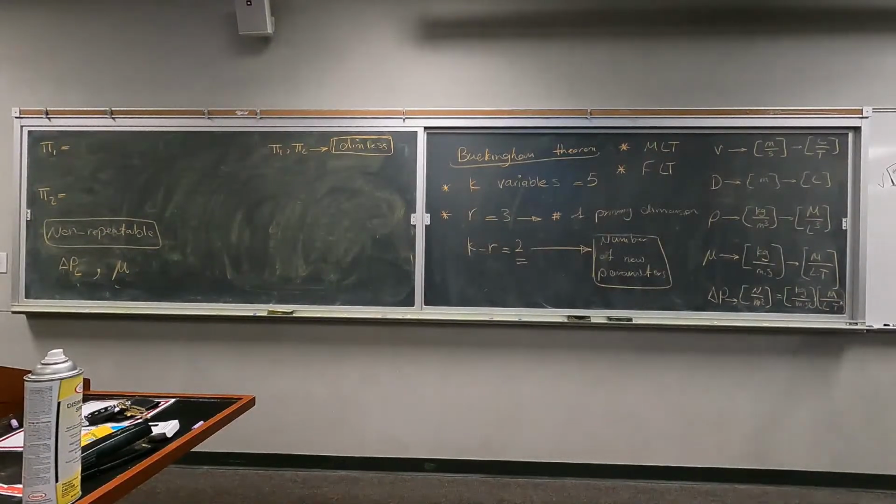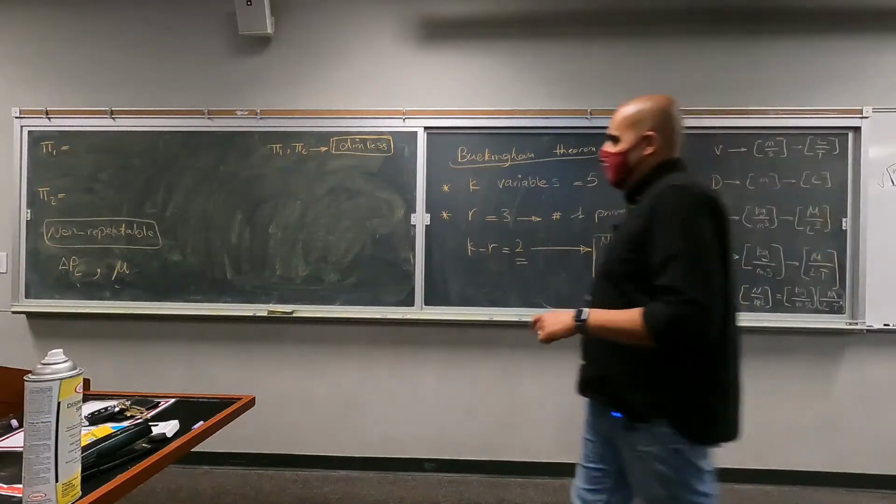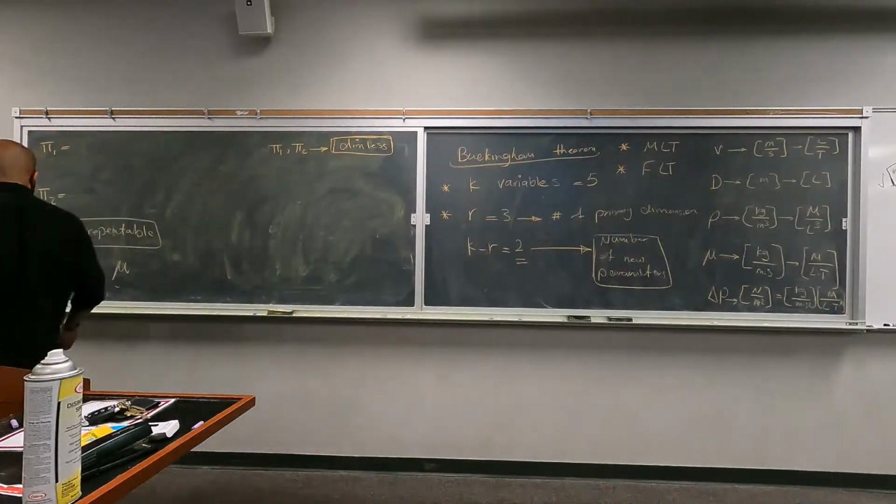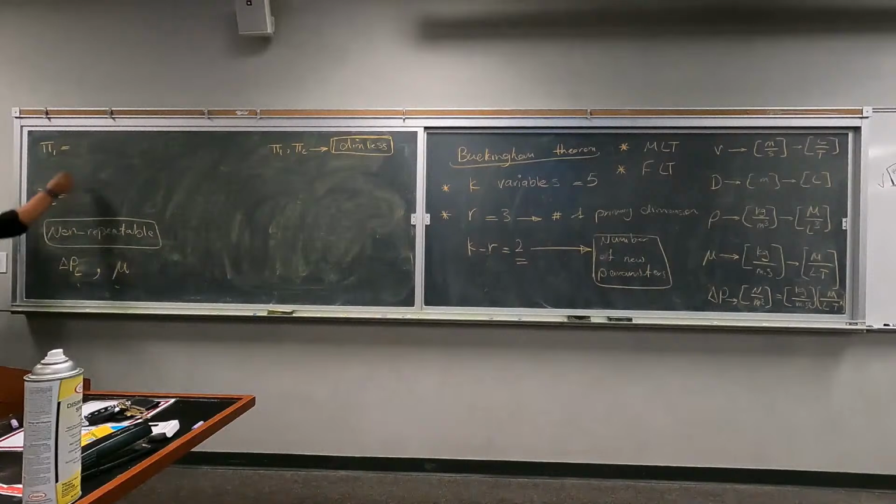Some solutions are more common, so you probably want to follow what people have already done, to make sure you get to the same solution. But there are no wrong solutions here. Whatever new dimensionless parameters you find is correct, as long as you have followed the procedure correctly. Okay, so the idea here, these two have to be present in the 2 new parameters. The other ones can be present or not. Doesn't really matter.